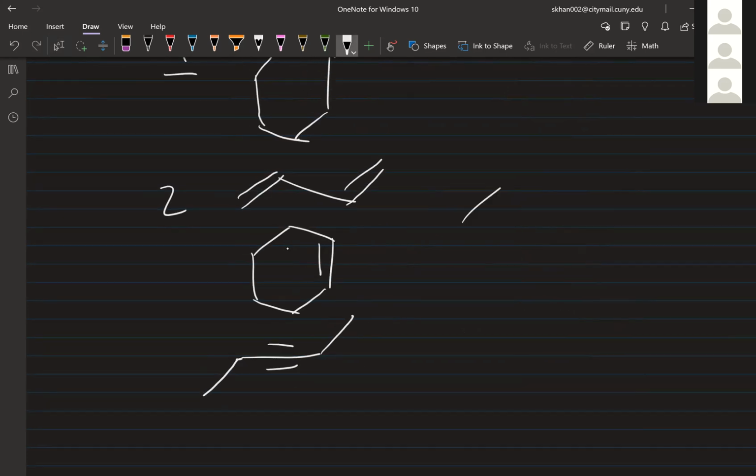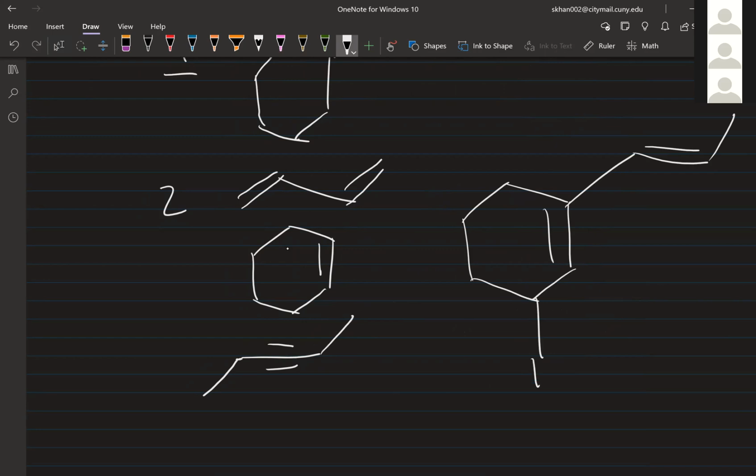So if I gave you a molecule that looked like this, how many degrees of unsaturation does this have? Remember, it's pi bonds or rings.